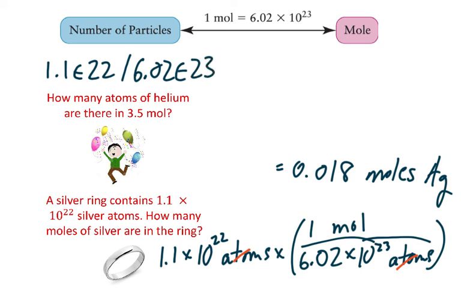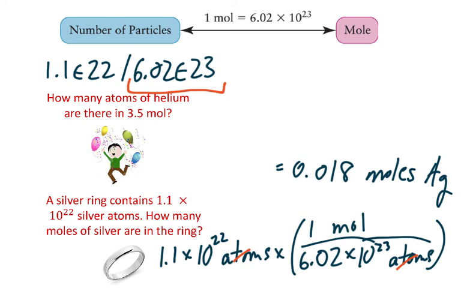Right? Remember I said before, now the E23 is attached to the 6.02, and the calculator knows that you're dividing by this whole number, right? And so you'll get the correct answer calculation forward there.